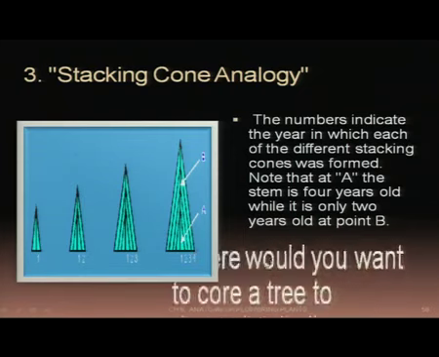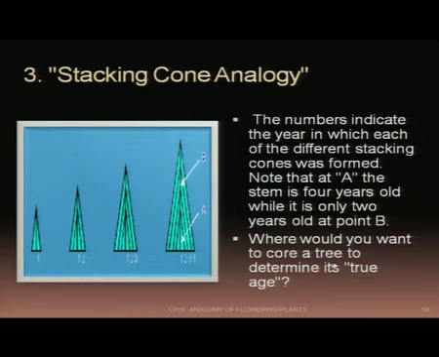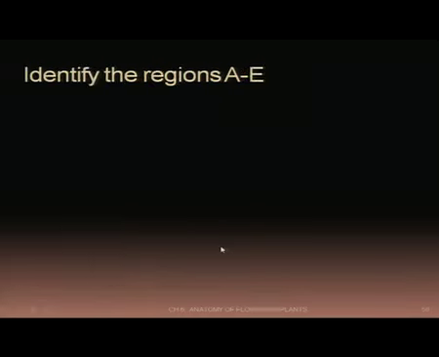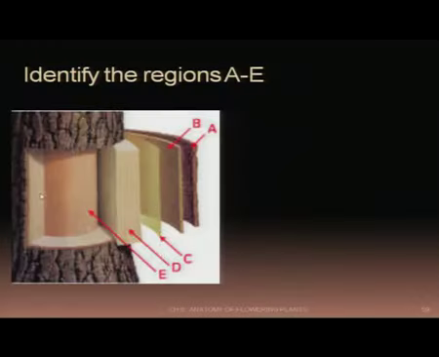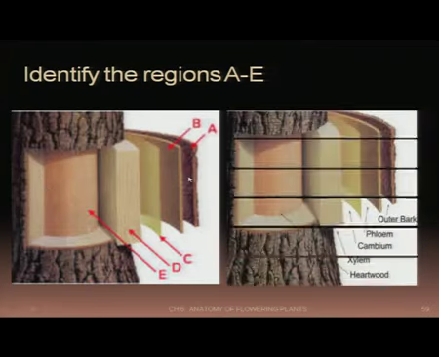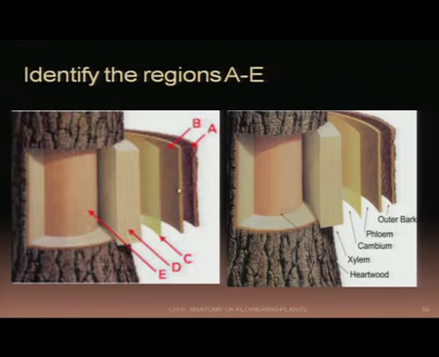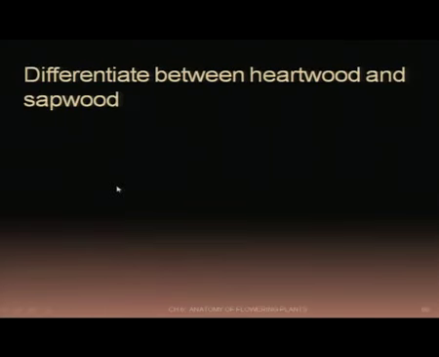One question, where would you want to core a tree to determine its true age? Obviously near the base. Why? Because the older portions are there. You can be asked similar questions in the exam to identify the regions. We had discussed that this must be the bark, the phloem, the cambium, the xylem and the darker colored heartwood.